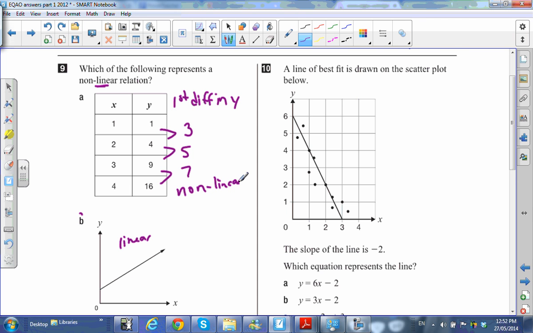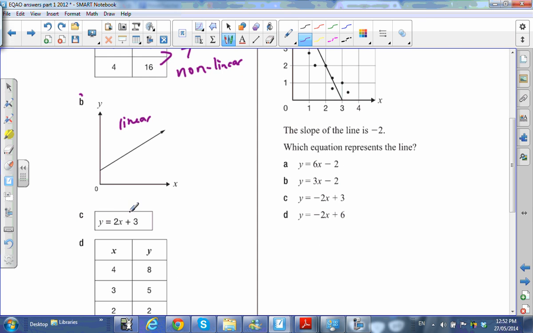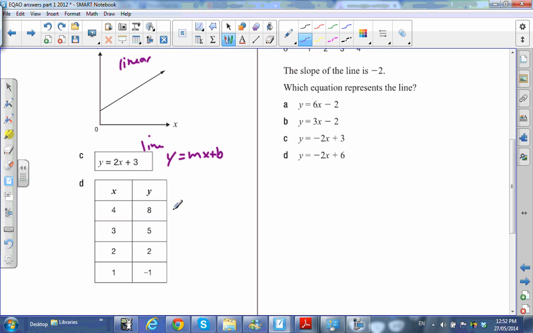Now you might want to look at the other two just to be sure. Well, y equals 2x plus 3 is in the form y equals mx plus b, so that's definitely linear. And the last one, let's see how the first differences work this time. 5 minus 8, negative 3, 2 minus 5, negative 3, negative 1 minus 2, negative 3. So the equation of this one would be y equals negative 3x plus b, because the first differences represent our slope, or m value, provided these are going up by 1 or down by 1.